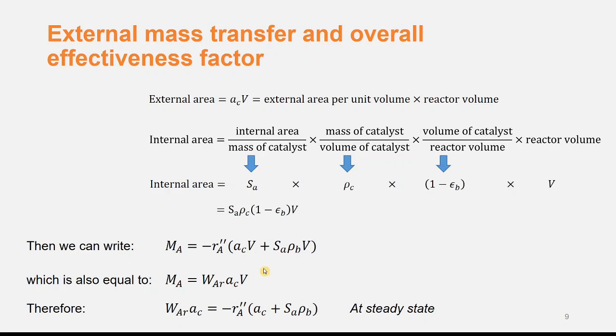Remember that the bed density, rho_B, is the catalyst density, rho_c, times 1 minus epsilon_B. Finally, putting these two expressions together, that the mass transport of A into the surface of the pellet is equal to the total rate of reaction, gives us that W_Ar times a_c is equal to negative r_A double prime times the sum of a_c plus S_a times rho_B. Remembering that this is true at steady state only.